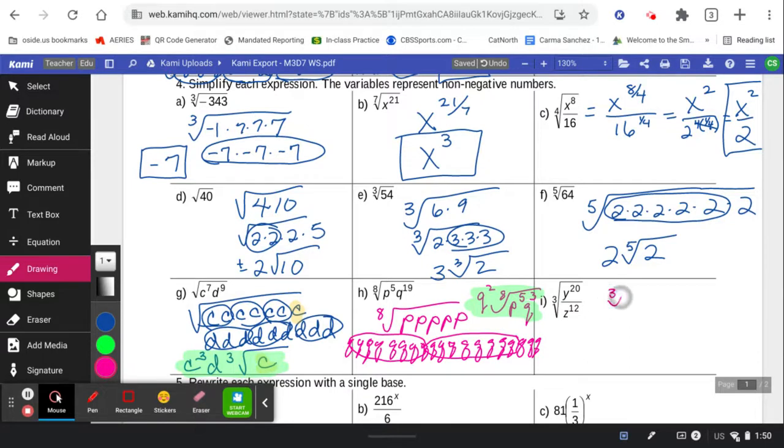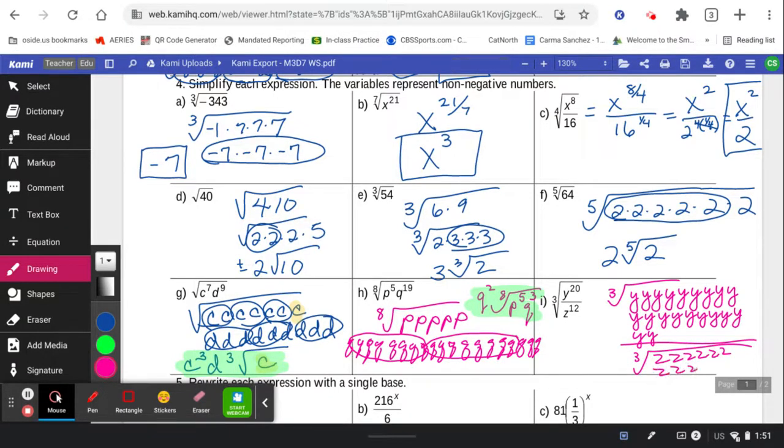Okay, cubed root of y to the 20th over cubed root of z to the 12th. We're looking for groups of 3.